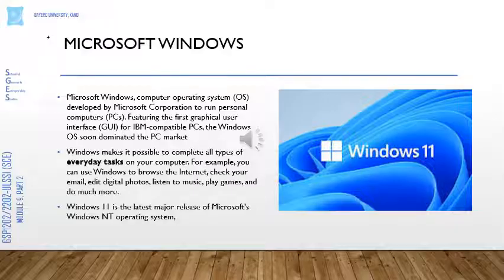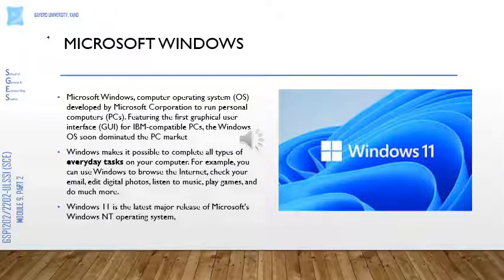The Windows operating system is a computer operating system that was developed by Microsoft to run on personal computers. This Microsoft operating system is one of the most widely used operating systems in the world today.